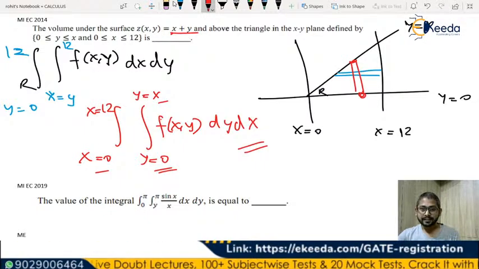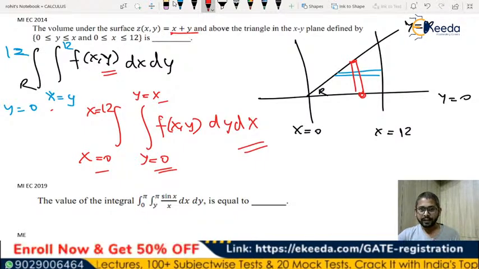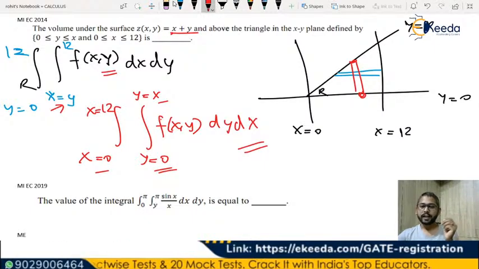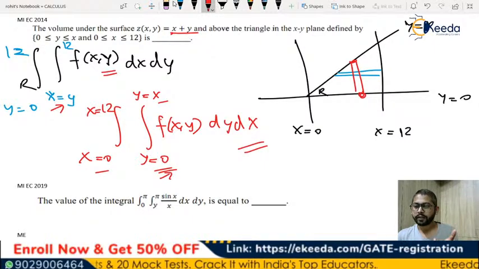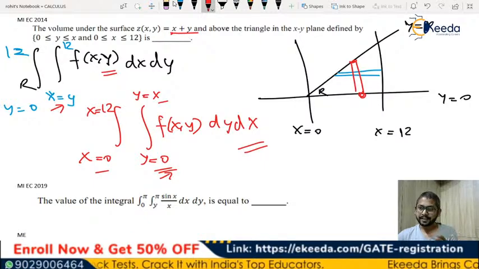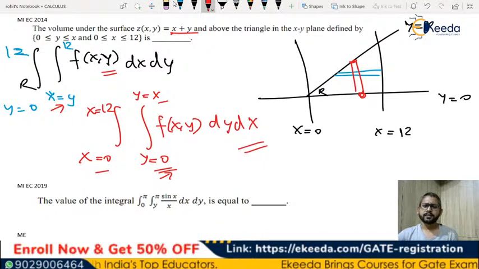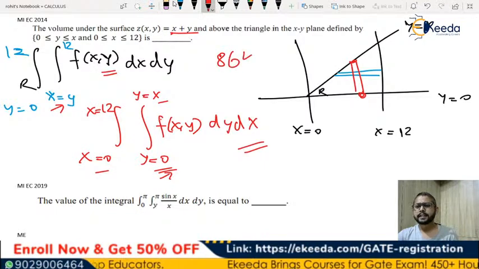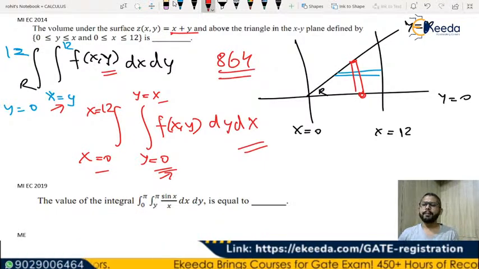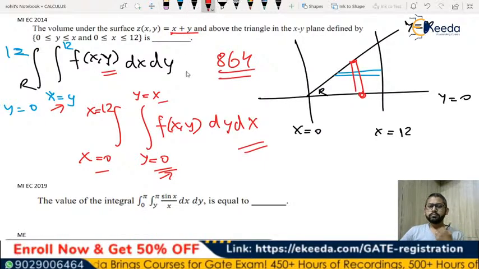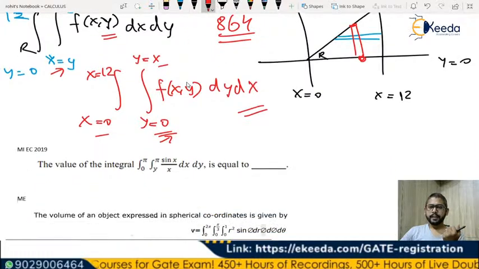If you take the dx dy horizontal element, you'll have 3 elements there. But if you use this one, you'll have fewer elements for the second integration, and that will help you do less calculation, right? And the answer is 864. I'm leaving it to you. I don't have to do anything extra here. Let's move to the next question.